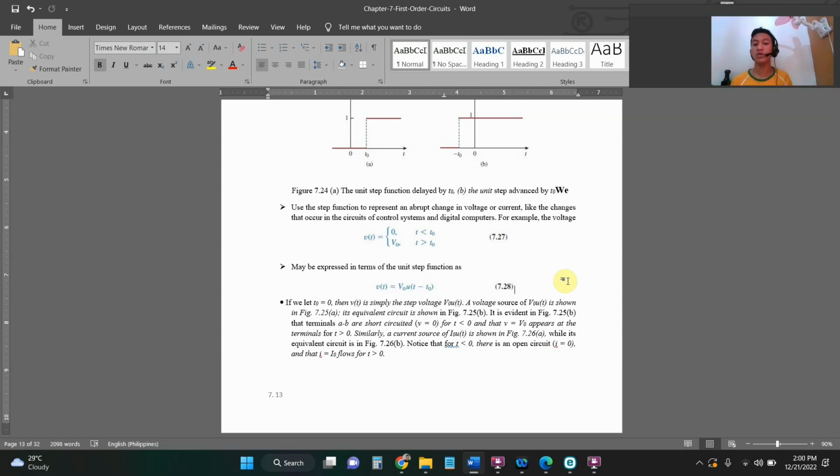If we let t sub o equal 0, then v of t is simply the step voltage v sub o u of t.